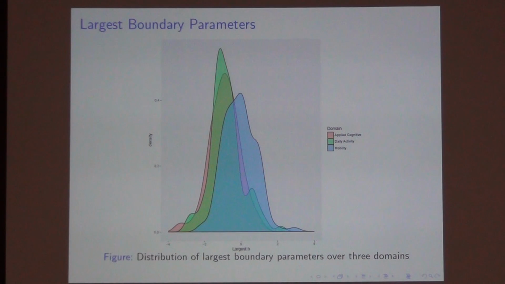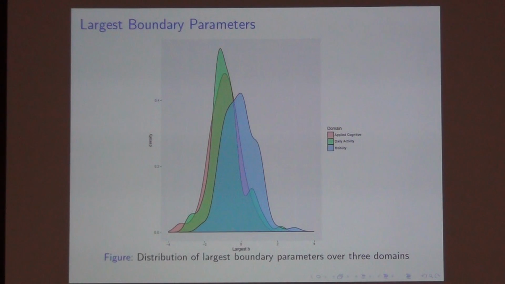The largest boundary parameter turned out to be too small. The majority is below 0. It is too small for the applied cognitive and the daily activity. So for larger thetas on those domains, we simply do not have information to measure them accurately. They cannot be stopped by the D rule nor the SE rule for similar reasons.